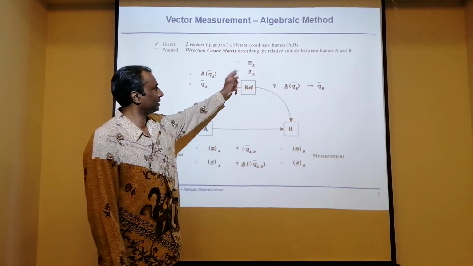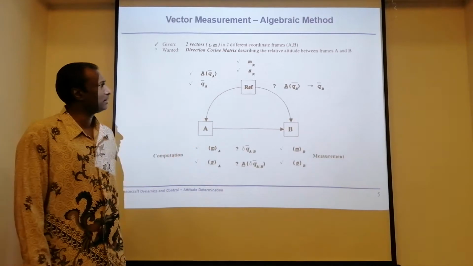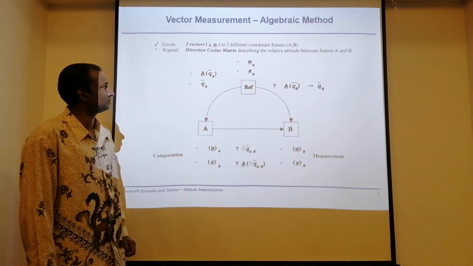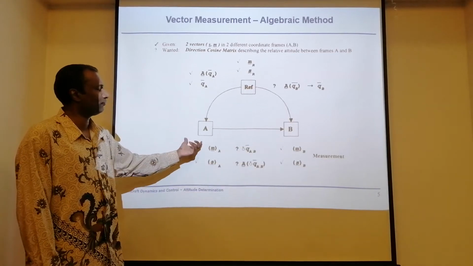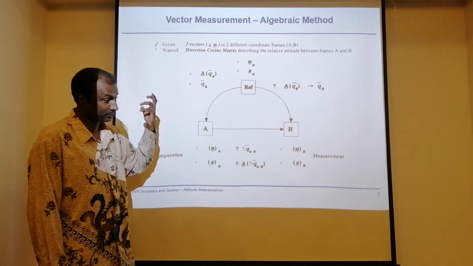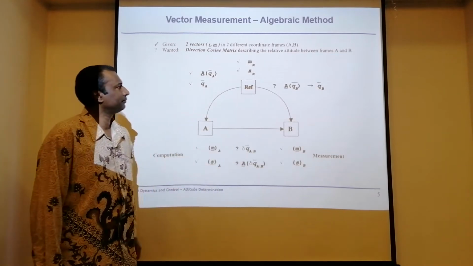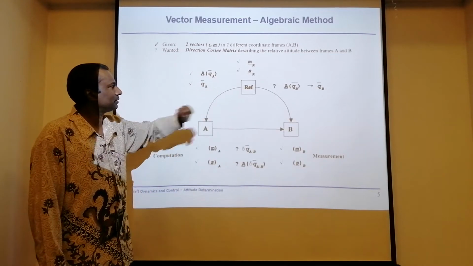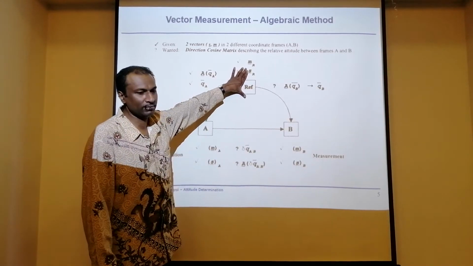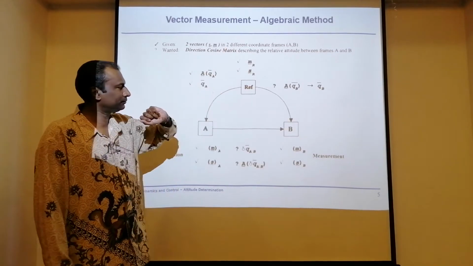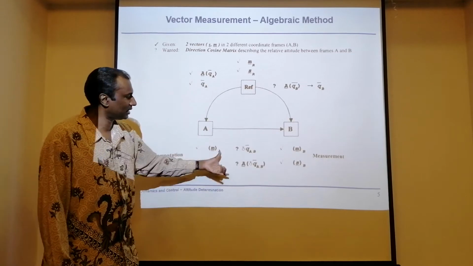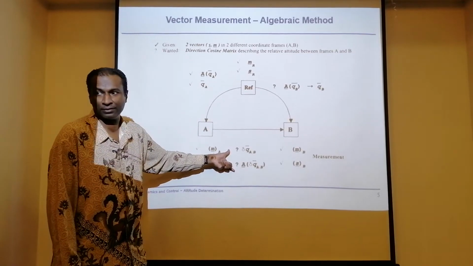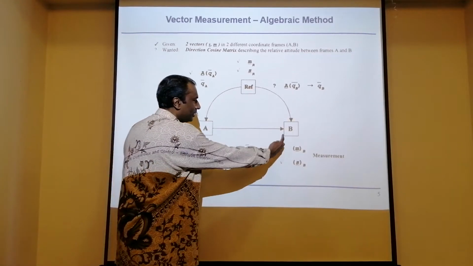As you can see here, let's say I have two vectors, two measurements, in frames A and B. I told you A is an orbit frame, for example, and B is a body frame. Both are available, and they are available at the initial time. This is the exact thing we always want to find: the actual deviation between these two frames.